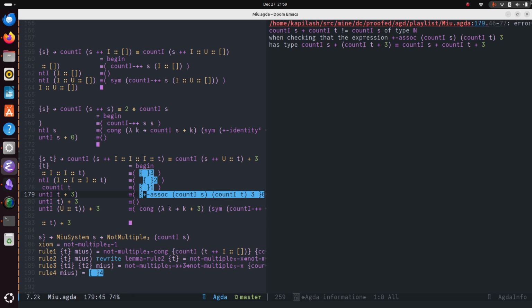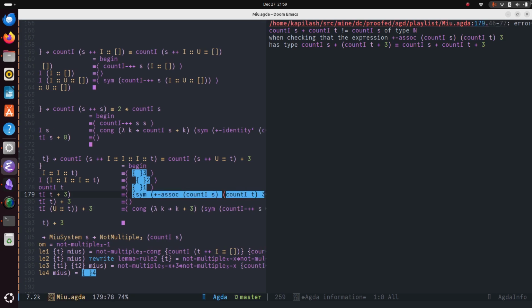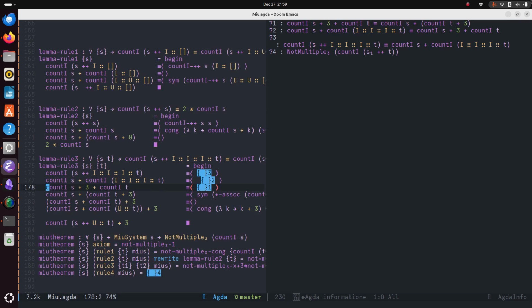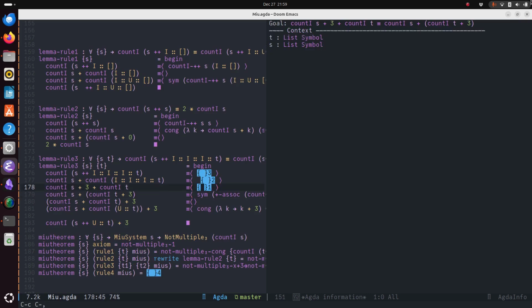Okay, we need to use the symmetric version of it, I guess. Right. Now, here again we rely on the commutative property of addition.